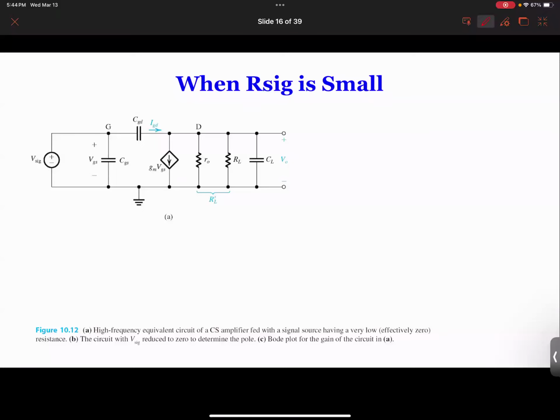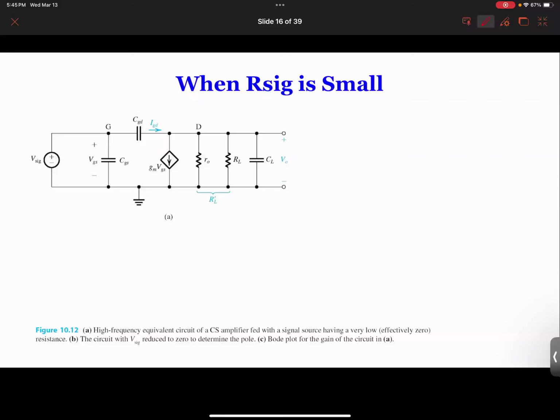You can already notice why RSIG makes a huge difference. If you don't have it, see what happens: the source is in parallel with the capacitor CGS. In parallel means that CGS doesn't do anything. And if CGS doesn't do anything, what is VGS?